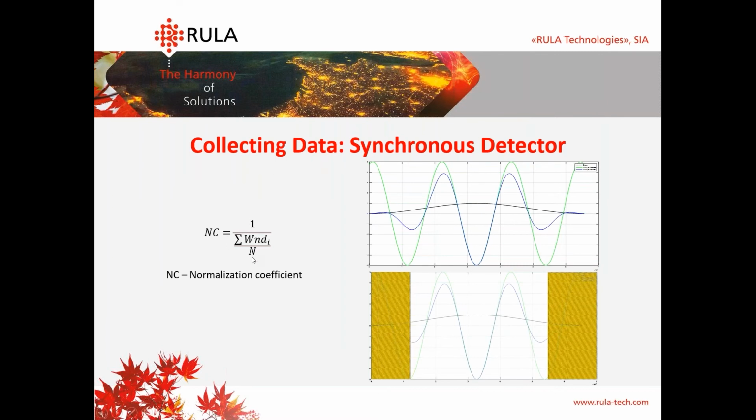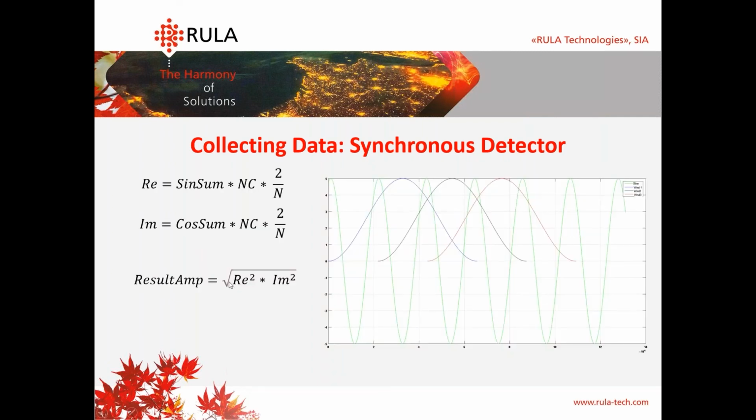We need to sum all the window function samples, divide them by the number of samples, and invert this coefficient. As a result, we get this formula and calculate the resulting amplitude.